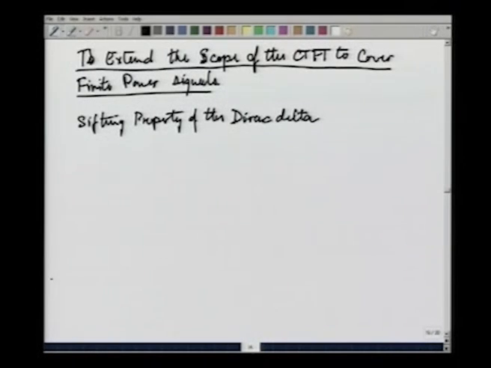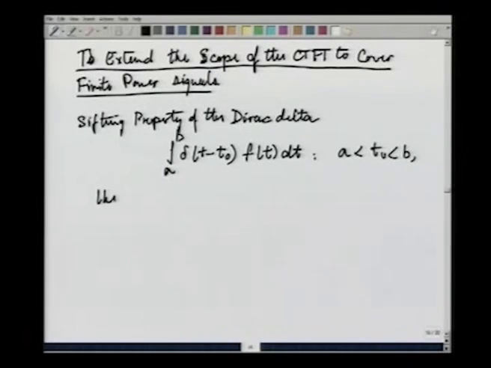The sifting property of the Dirac delta said that if you integrated delta t minus t naught along with some f of t over an interval a b, such that a less than t naught less than b, then this integral was equal to f of t naught. That is what we had.